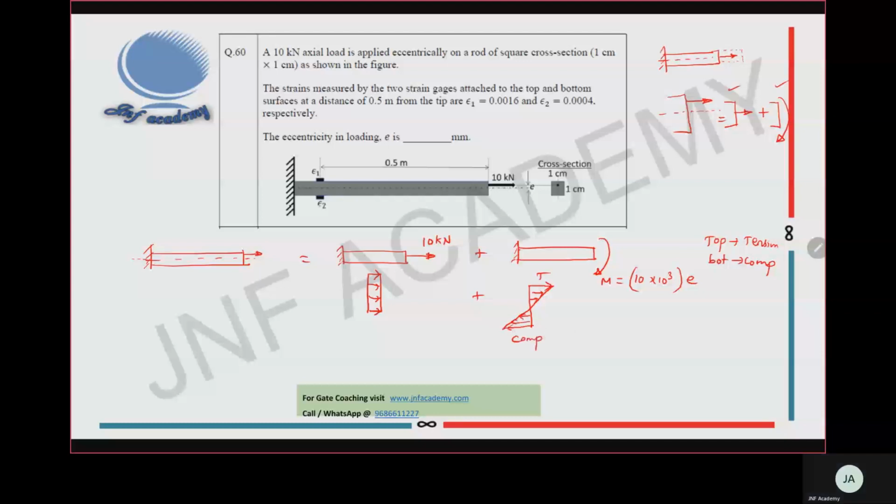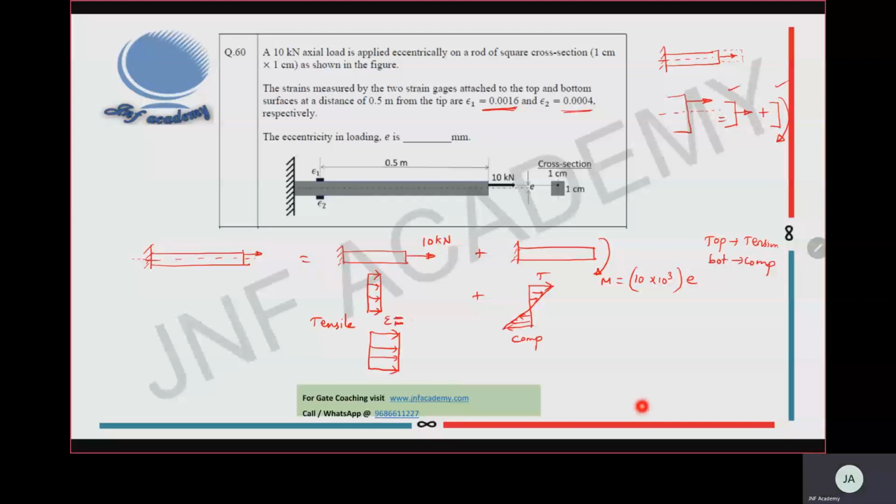Now, the same way, you can draw the strain distribution. Look at these values. In total, epsilon 1 is 0.0016 and here you have 0.0004. For the tensile condition, the first case, I can draw the strain variation like this.